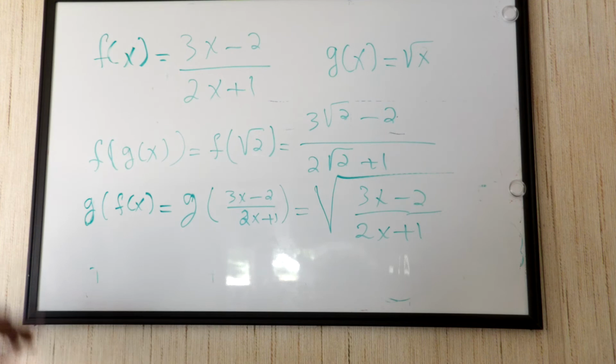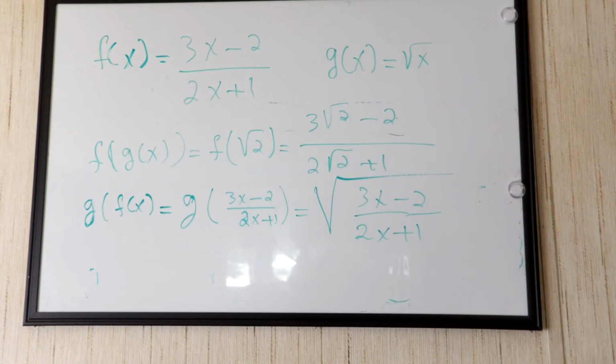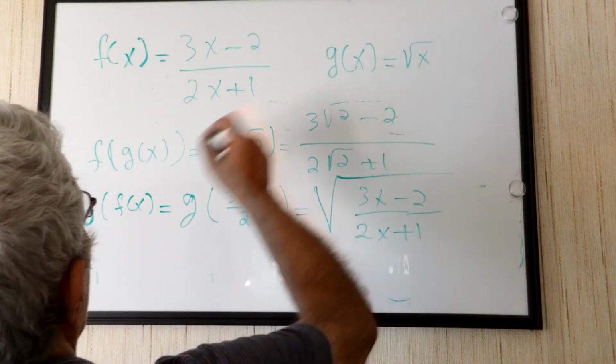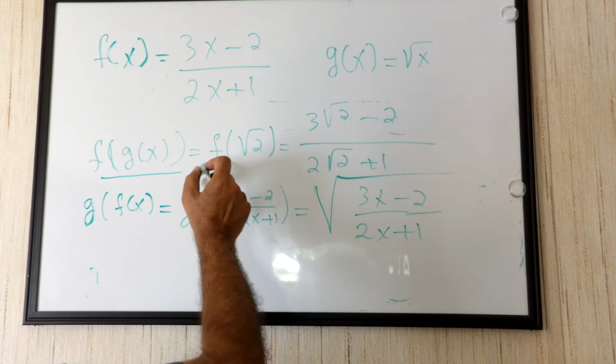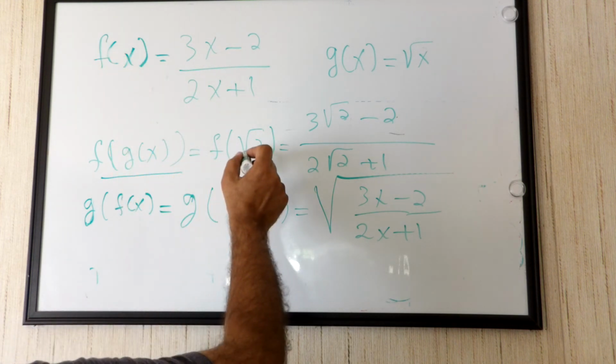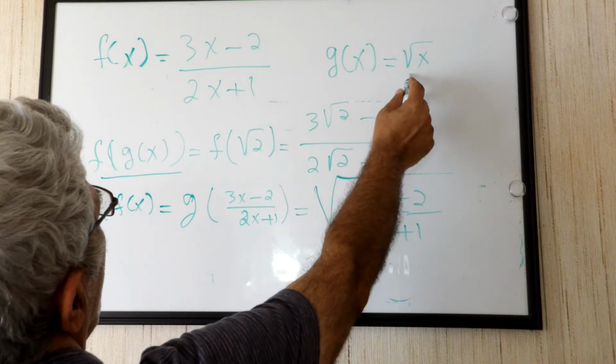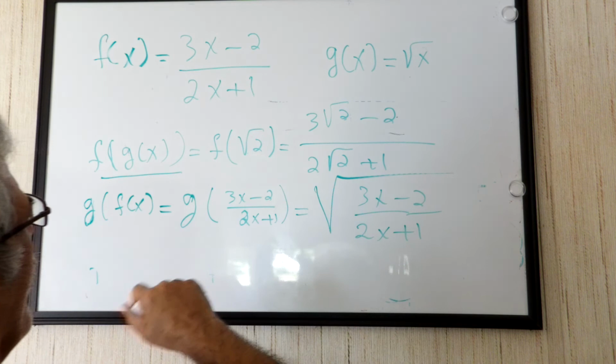So you get the composite functions. It's very necessary to learn that, to find out how it works. Whatever it is, if you want f of g, then you have this function f, and instead of x, you put a square root of x.